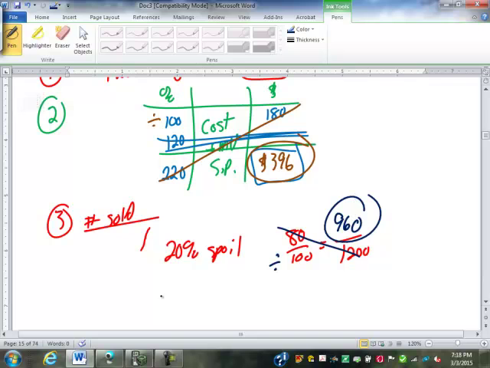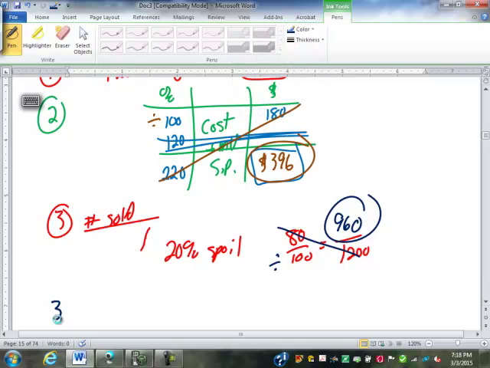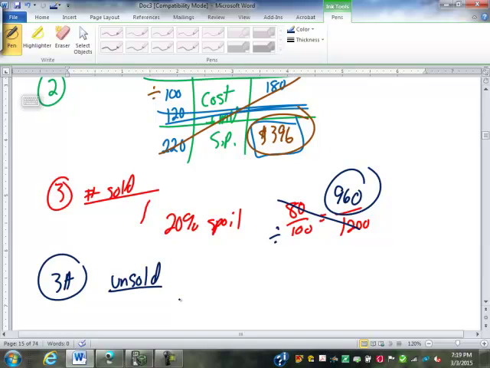But at this point, we also need to know the unsold. This gets inserted in between step 3 and 4. We'll call it step 3A. How many are unsold? 1,200 minus 960 is 240 unsold.